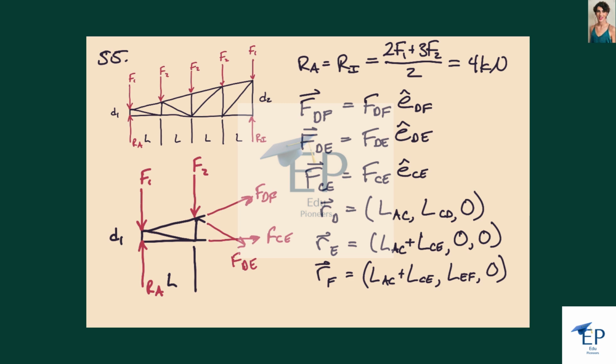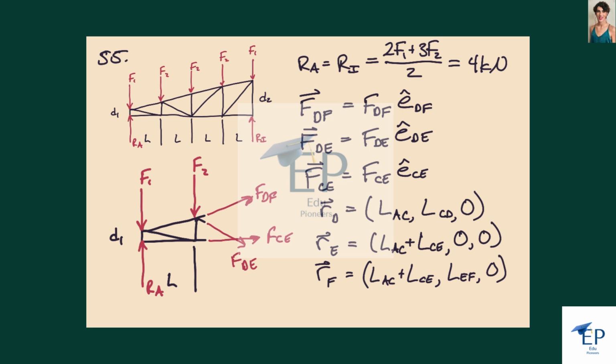We can write all of these force vectors in terms of a magnitude and a direction. I use e hat, meaning a unit vector from D to F, from D to E, and from C to E. From C to E, that's just a unit vector in the x direction.